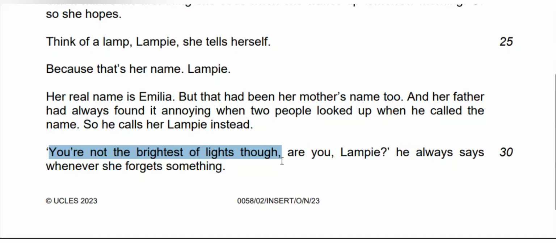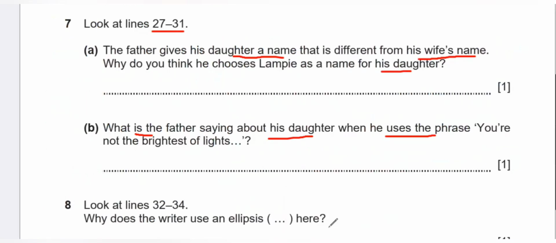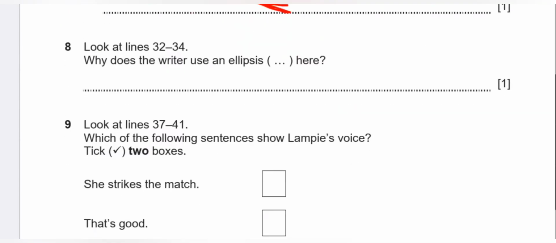Something not good is happening now. Because she's not very intelligent or clever or smart as he thinks. He thinks she's a bit dumb or something like that. So why did he say so? Because he thinks she's not that smart.